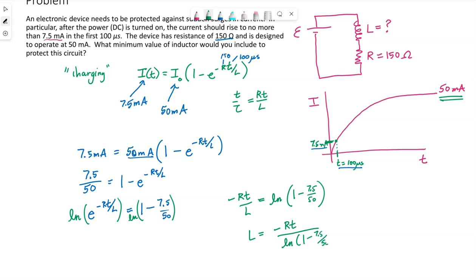So I'm going to have the negative Rt divided by the natural log of that stuff. So negative, our resistance is 150 ohms. Our time is the 100 microseconds, so I do want to put the 10 to the negative 6 in. Natural log of 1 minus all this stuff.